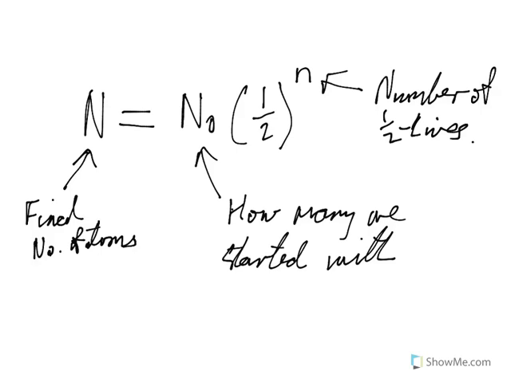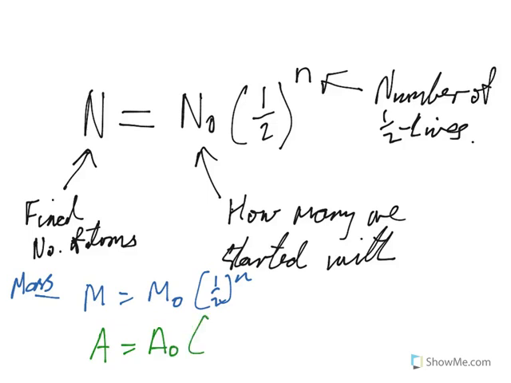We can also substitute mass and decay rate. So we can write it as m equals m naught times half to the n, if we're talking about mass. And the other thing we can do is talk about decay rate or activity, and that would be A equals A naught times half to the n.